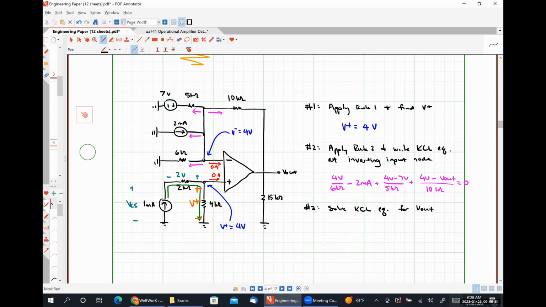Solve. I got V out to be negative 46 over 3 volts.